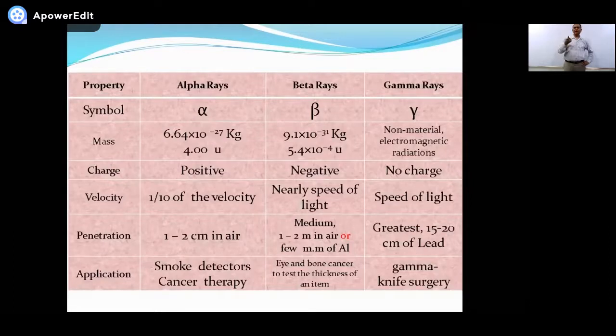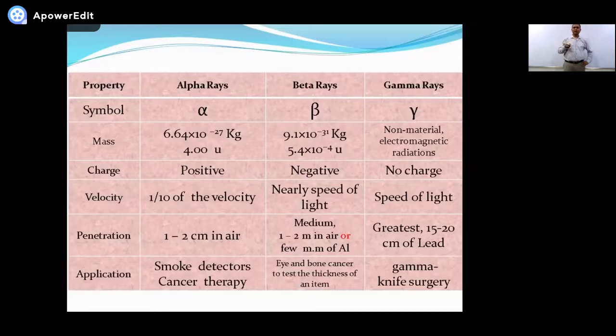Penetration power is very less if we talk about alpha rays, because their speed is less and they are heavy, and the penetration power of gamma rays is very, very high. They can pass through everything. They can only be stopped by 1 to 2 meters of concrete. Whereas alpha rays have very little penetration power and would be stopped just by a tissue paper.